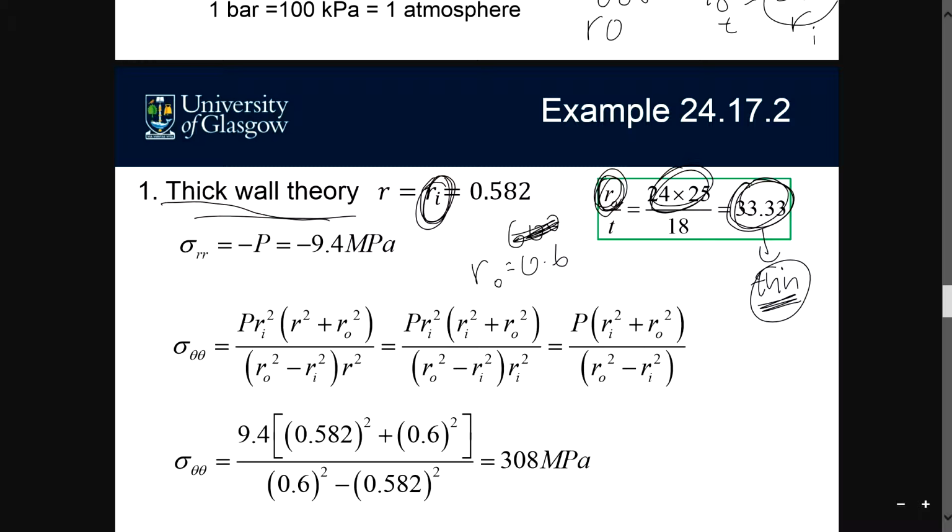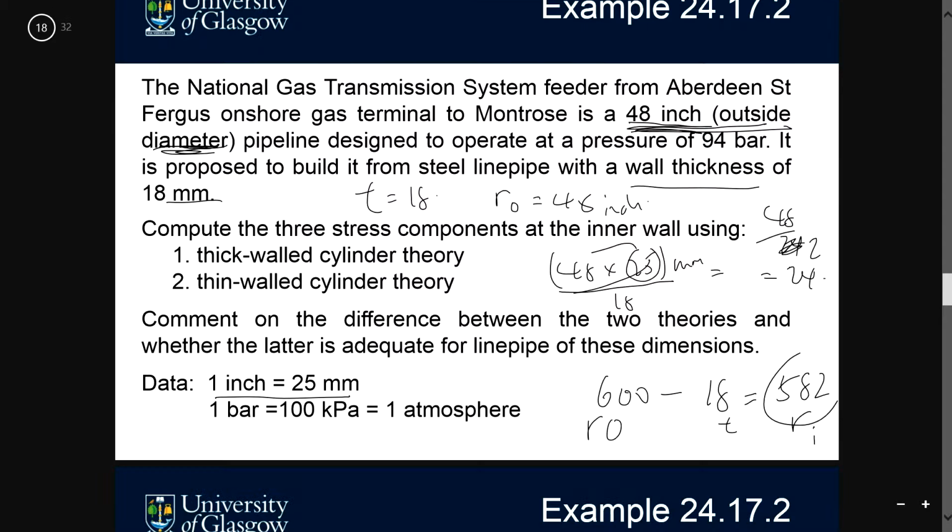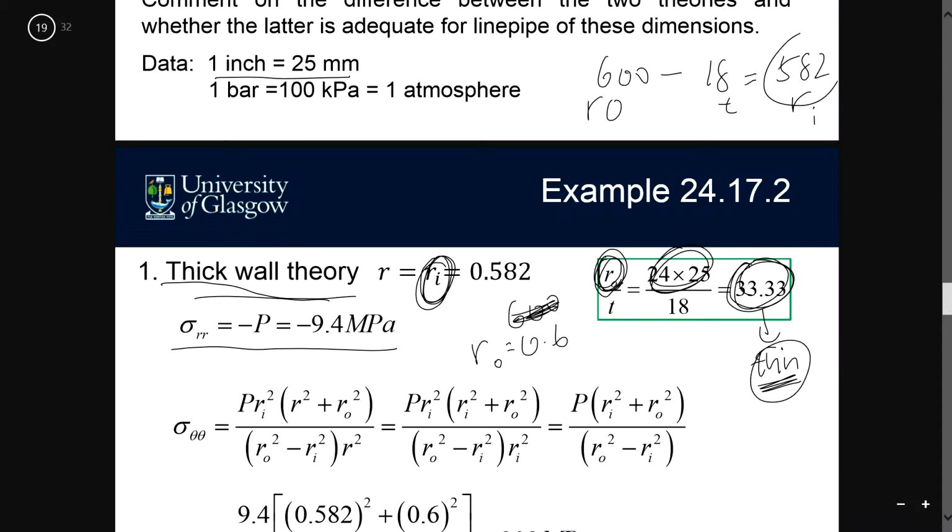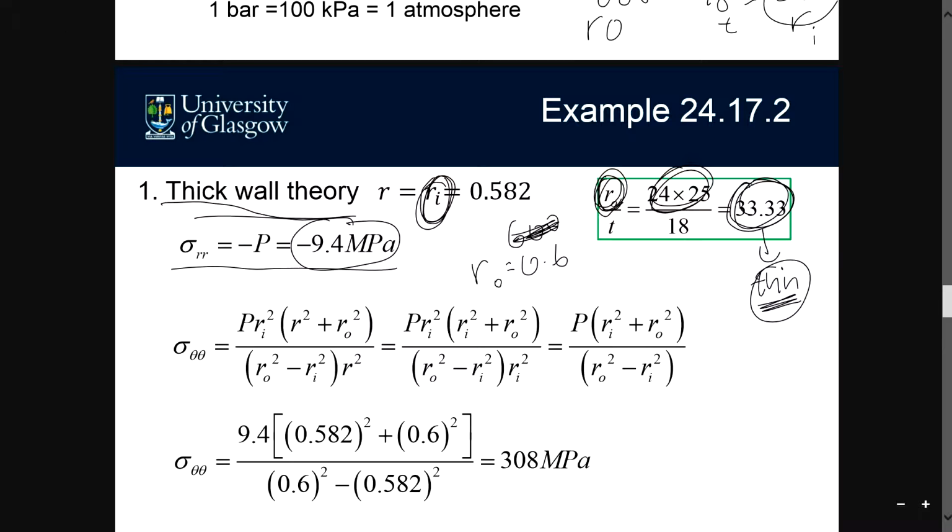We know that sigma r, the radial stress, is equal to the outside pressure, if you still remember. The outside pressure is 94 bar, so it's negative 94 MPa, because the pressure is coming in towards the cylinder. If it's going out, then it's positive.